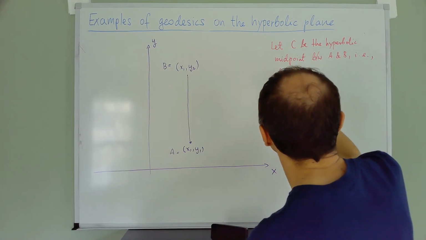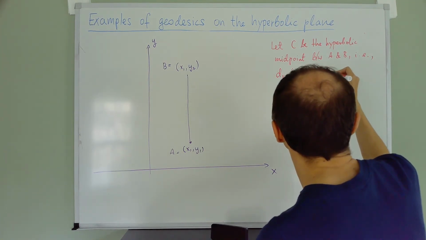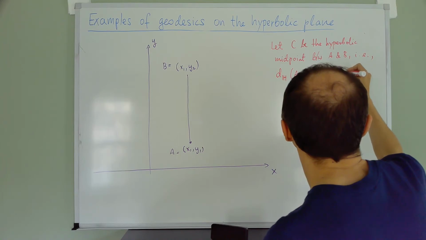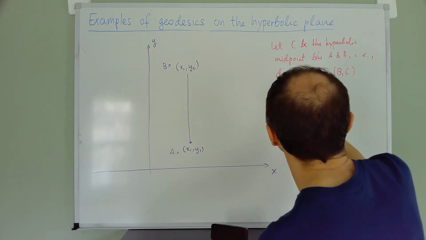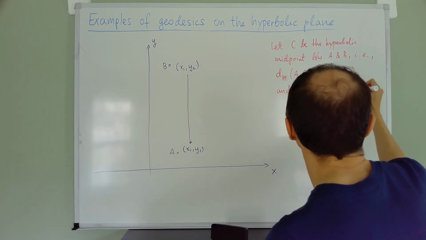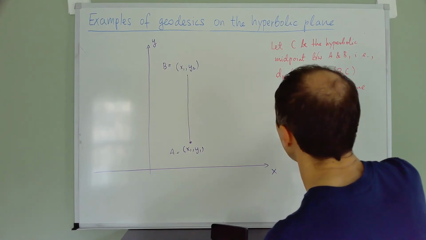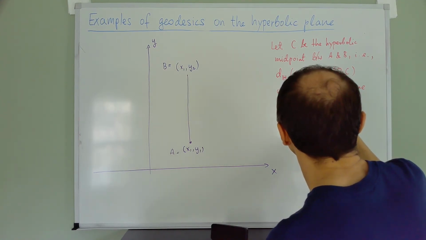I.e. the hyperbolic distance from A to C is equal to the hyperbolic distance from B to C, and C lies on the line segment AB.